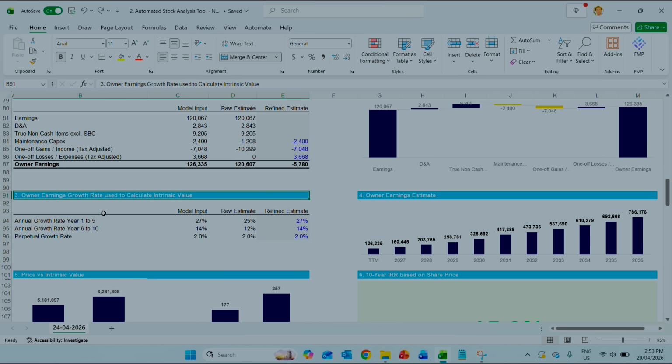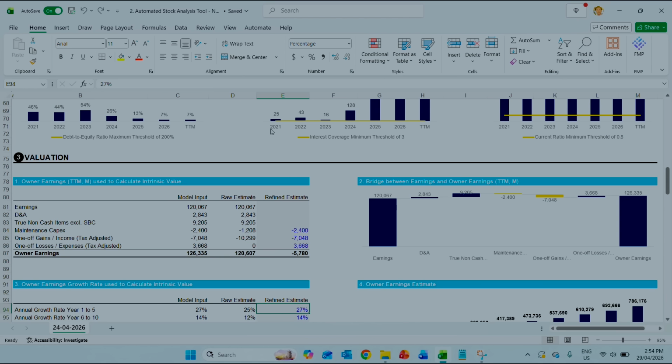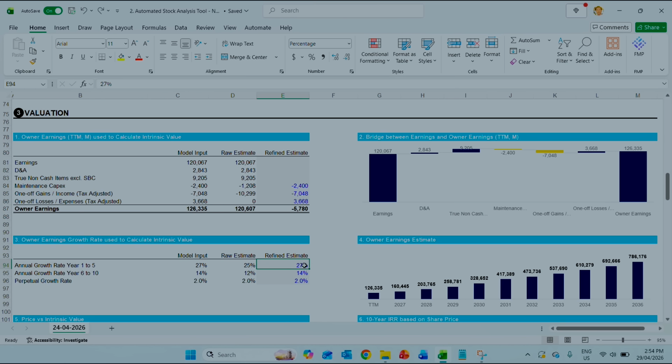Then building block number 3, owner's earnings growth rate. So that's also a very important metric. We want owner's earnings, but we also want the earnings growth rate of the company. So here, same thing. We've got some raw estimate based on the consensus, but I like to come up with my own estimate.